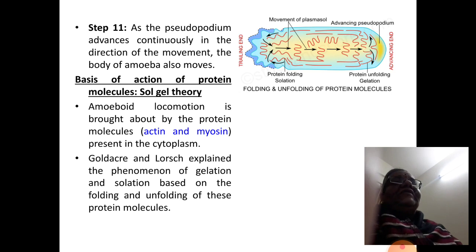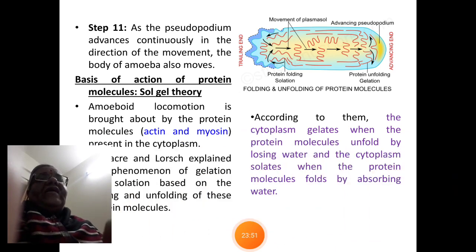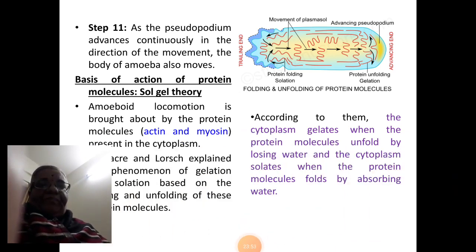You can see this diagram where, according to these scientists who proposed this mechanism, the cytoplasm gelates. The cytoplasm gelates means it transforms into gel when the protein molecules unfold by losing water. This happens in the anterior end below the hyaline cap.